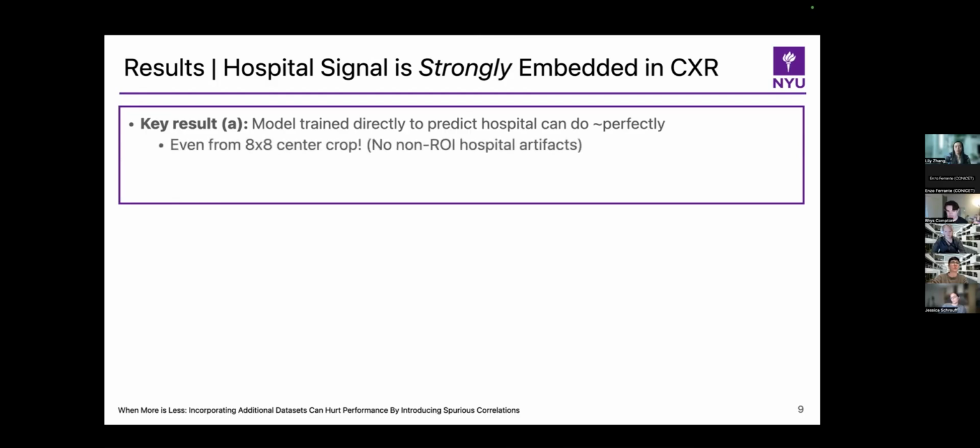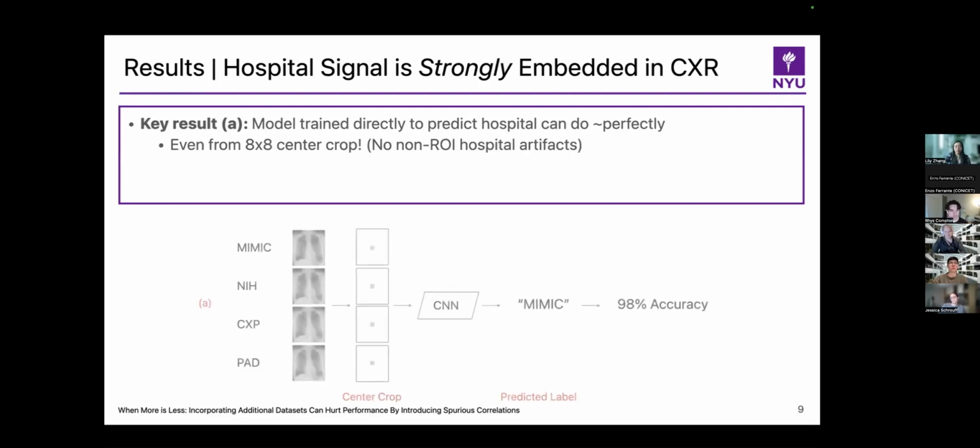What we did is try progressively smaller and smaller center crops on the chest X-ray, and we found that a model can still predict hospital very, very accurately, all the way down to an 8x8 center crop, which is a pretty important result, showing that this hospital signal is very strongly embedded in chest X-rays. It's not just the outside parts of the image. It makes it very hard to get rid of.